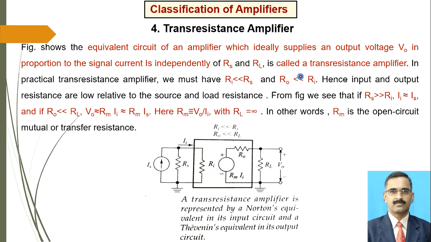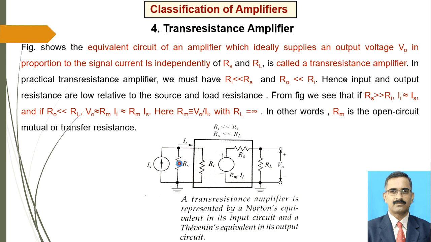In a practical trans resistance amplifier, we must have Ri very much less than Rs. That means Rs should be very much greater than Ri, right? Remember that.